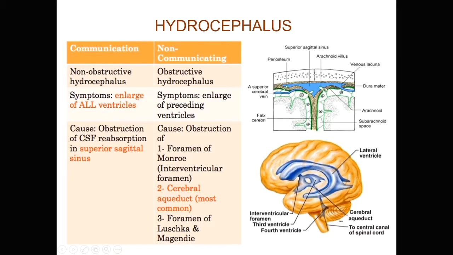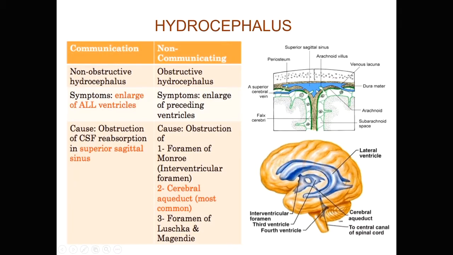So you have these arachnoid villi or arachnoid granules that reach out into the superior sagittal sinus. And the superior sagittal sinus, remember, is made up of those two dural layers.